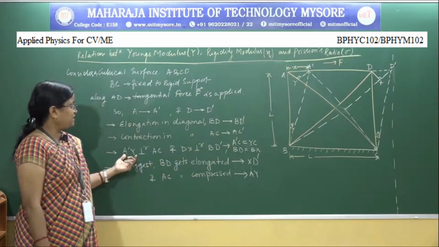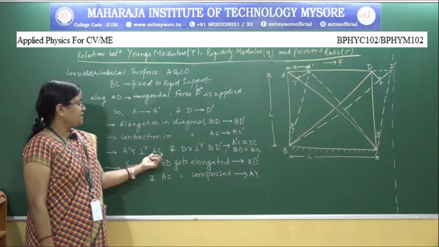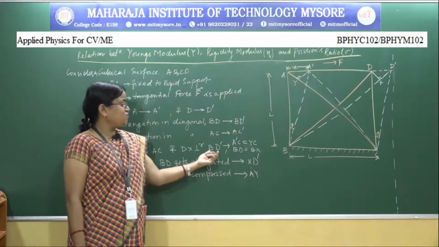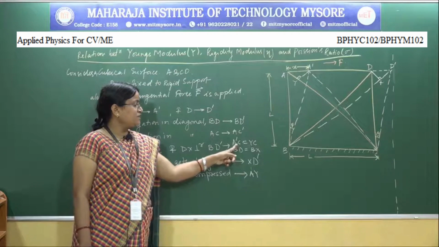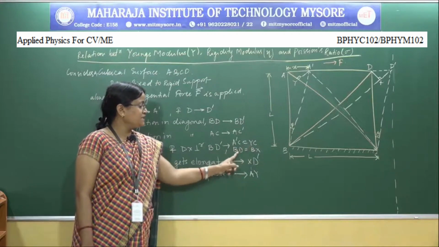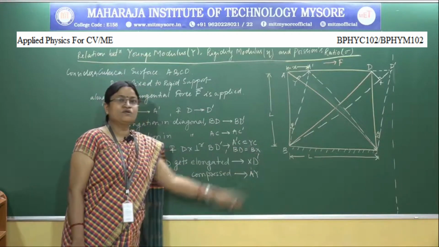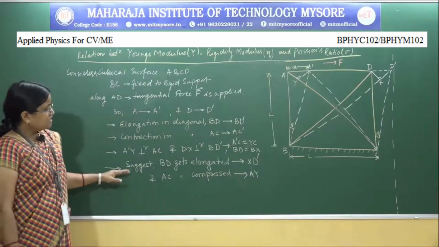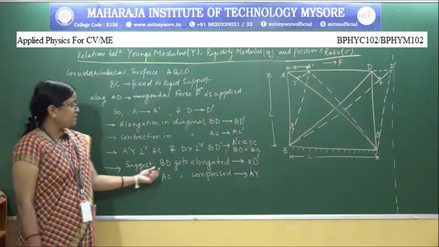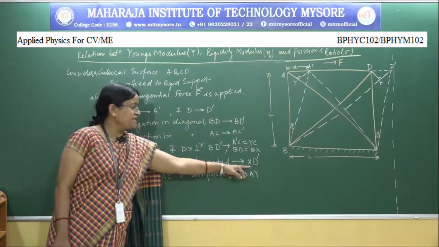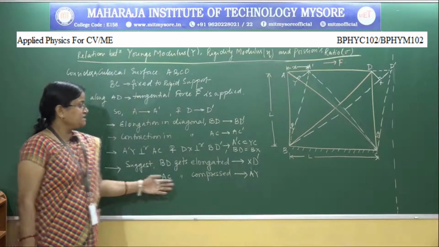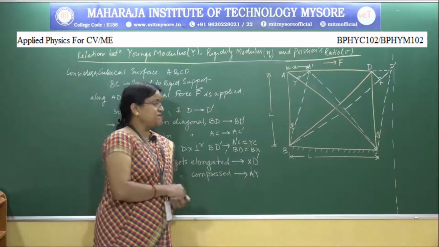So we will put the perpendicular A dash Y to AC and dX to BD, which suggests that now A dash C is equal to YC and BD is equal to BX. So as explained, BD gets elongated by XD dash and AC gets compressed by AC dash.